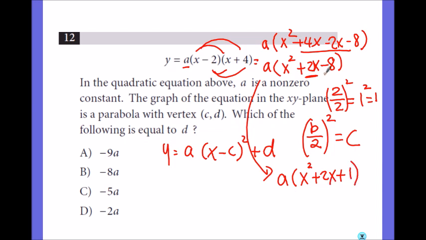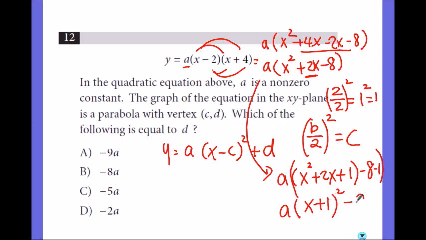But remember, we had negative 8 outside. And in order to even this out, if you added 1 here, you subtract 1 outside. So this becomes a times, when you factor this, (x plus 1) squared, right? When you FOIL it, you get x squared plus 2x, and 1 times 1 is 1.